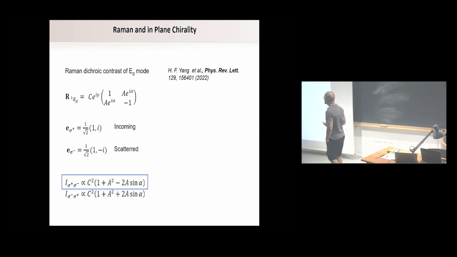Okay, and the third, probably even the most interesting thing, is that even if, as I said, the material has no linear dichroism, because it's centrosymmetric, it cannot have linear dichroism, it has a very peculiar Raman response. So you do have some dichroism if you take a look at the Raman scattered light.